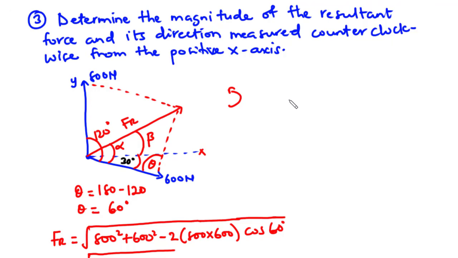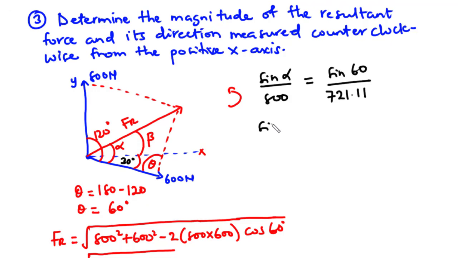So let's find angle alpha. Focusing on this triangle, we have sine alpha divided by 800 equals sine theta. Now theta is 60, so we have sine 60 divided by Fr, that is 721.11.